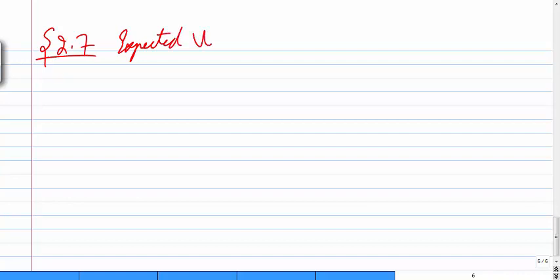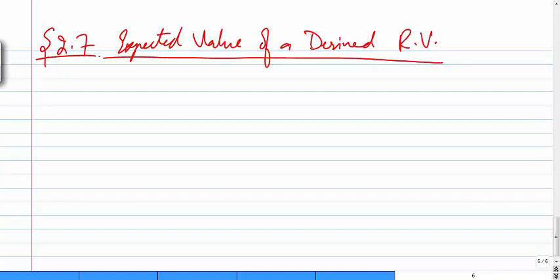Now we will move to the next article. It's 2.7, and this is the expected value of a derived random variable. In this article, we start with the theorem.